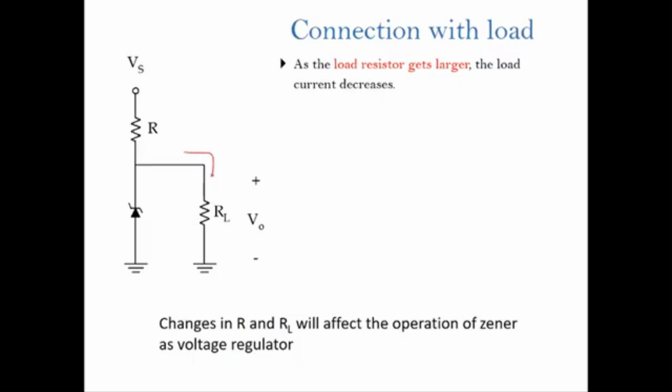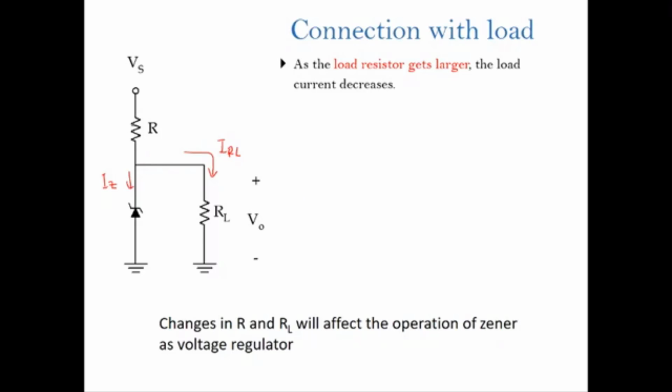So the voltage will depend on how much the current IRL is. And that will depend on how much the current IZ is, because we have two current paths, or we call it two junctions here.